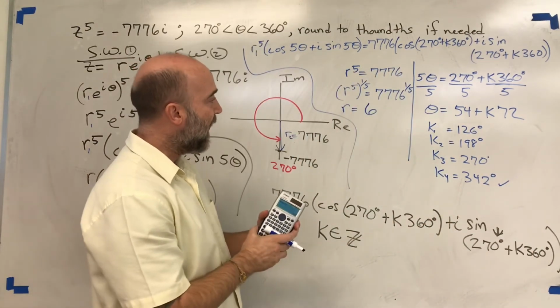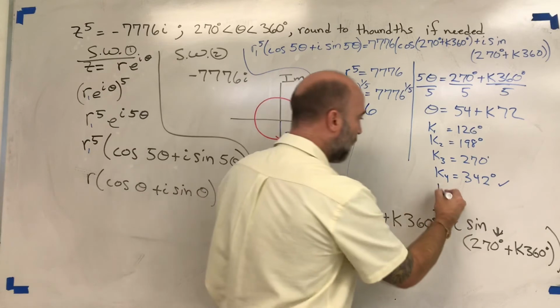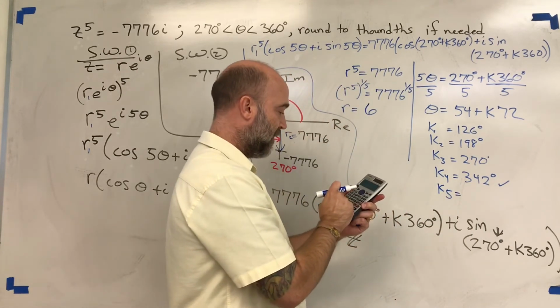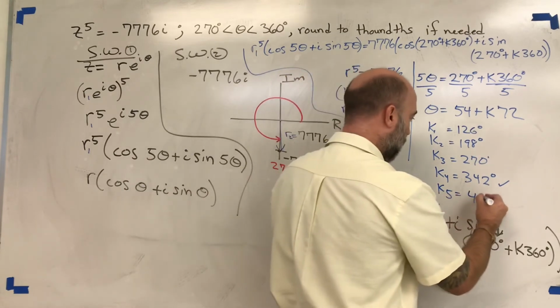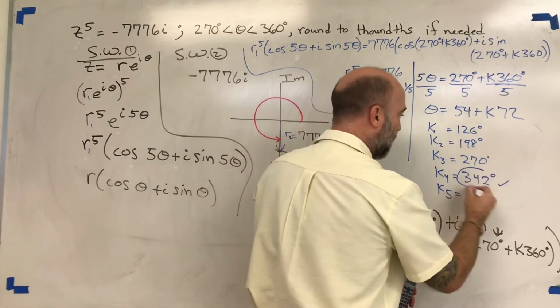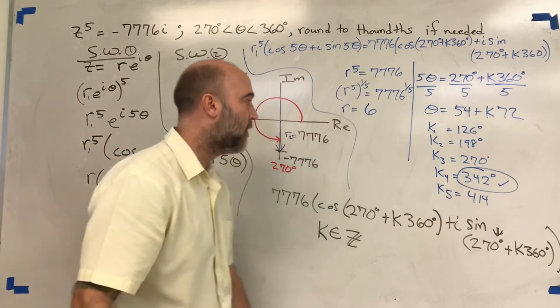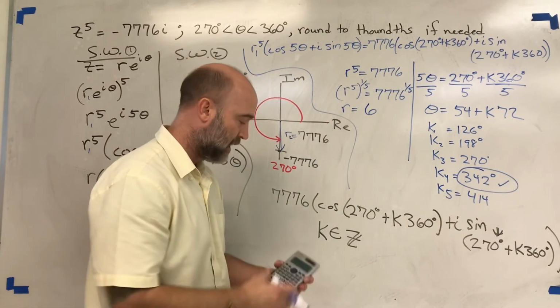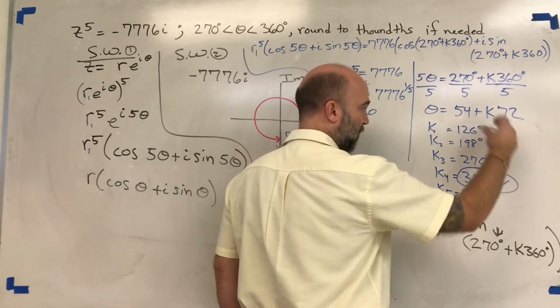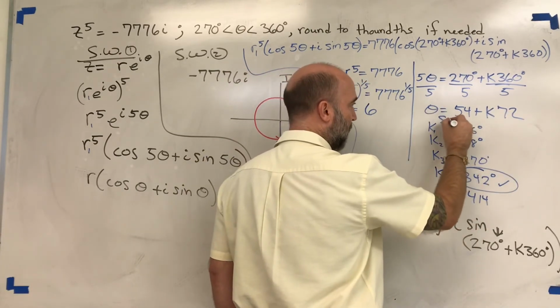And then I'll just do one more. k equals 5, you never know, plus 72, 414. There might be more than one. So we got this one right here. 342 degrees is our theta. This is our side work for that one.